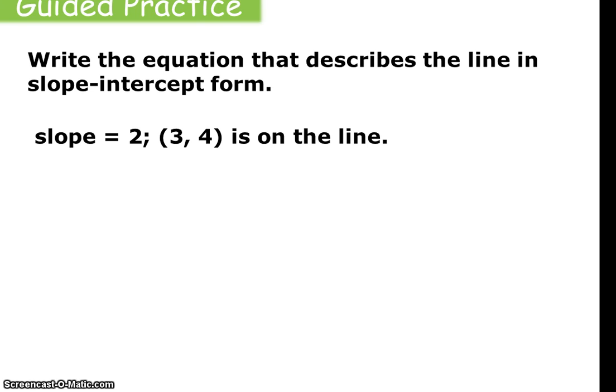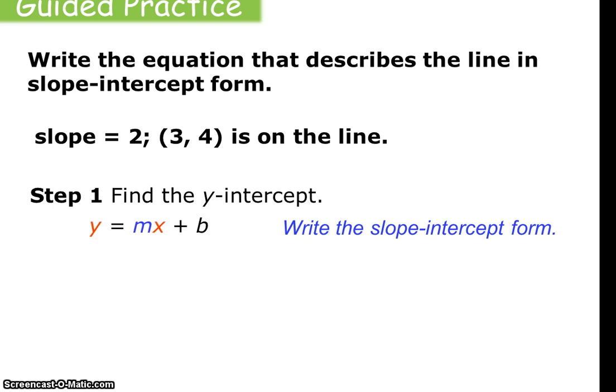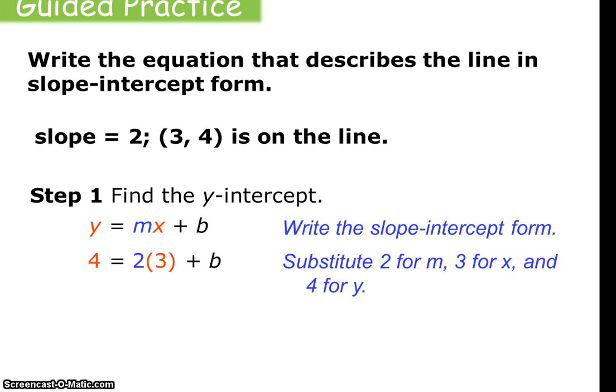All right, welcome back. It's maybe a little challenging here. We're going to find the y-intercept by using the slope equation. I'm going to substitute 2 for m, and I'm going to substitute 3 and 4 for x and y. So 4 equals 2 times 3 plus b.